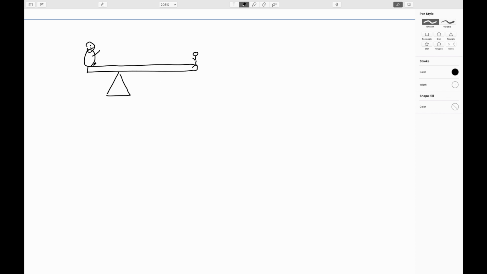Now, the teacher sees this and decides that in order to make it fair, you should move the fulcrum so that the two kids will balance. All right, so let's say this kid has a mass of 50 kilograms, and this kid has a mass of 25 kilograms.